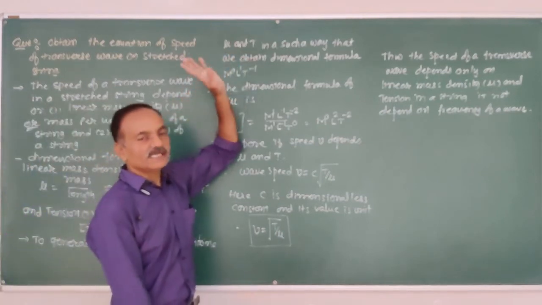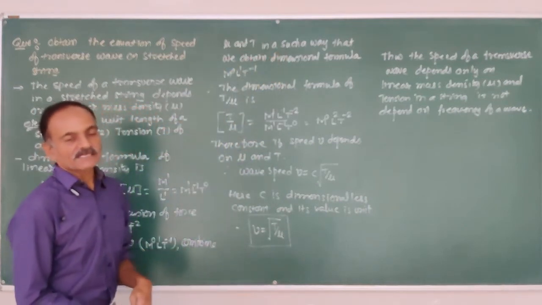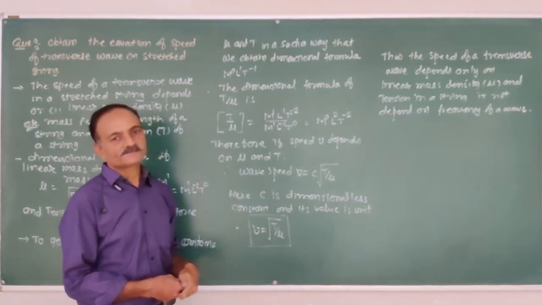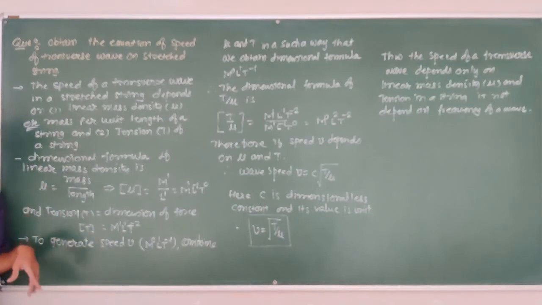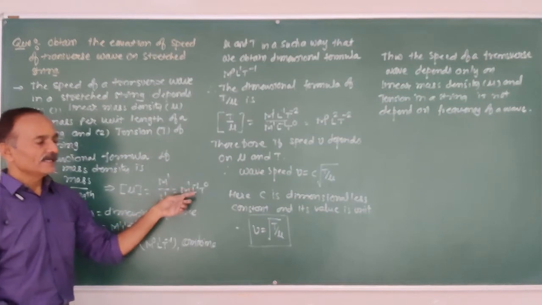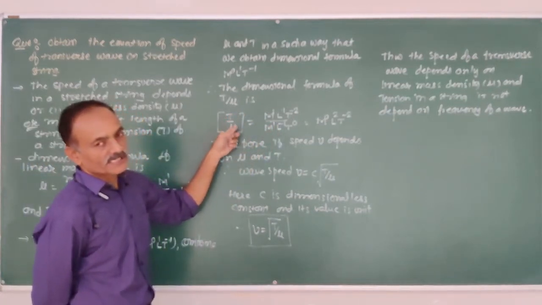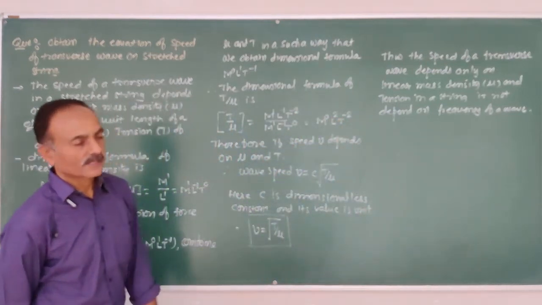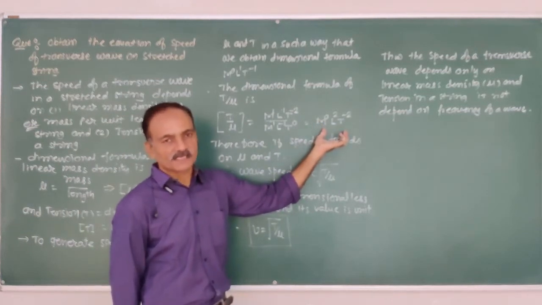To generate the speed v, whose dimensional formula is M^0 L^1 T^-1, combine mu and T in such a way that we obtain the dimensional formula M^0 L^1 T^-1. Now, as we take the ratio of these two quantities, T upon mu, with T being M^1 L^1 T^-2 divided by M^1 L^-1, the dimensional formula of the ratio T upon mu is M^0 L^2 T^-2. That is the dimension of the square of a speed.